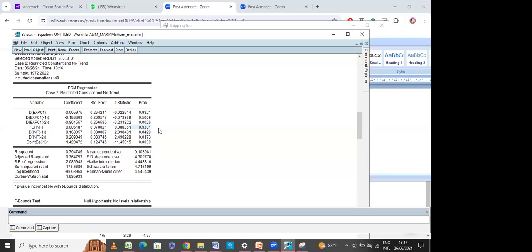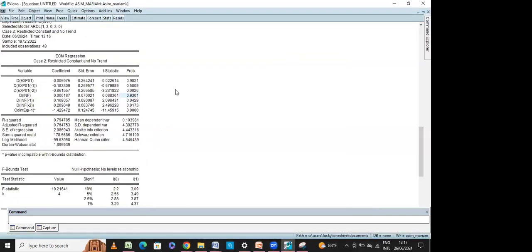So p-values are greater than the probability value. So all these variables are not significant in the short run. That's how we calculate the short run in EViews. We are getting out of time, so I'm just trying to explain as much as I can.